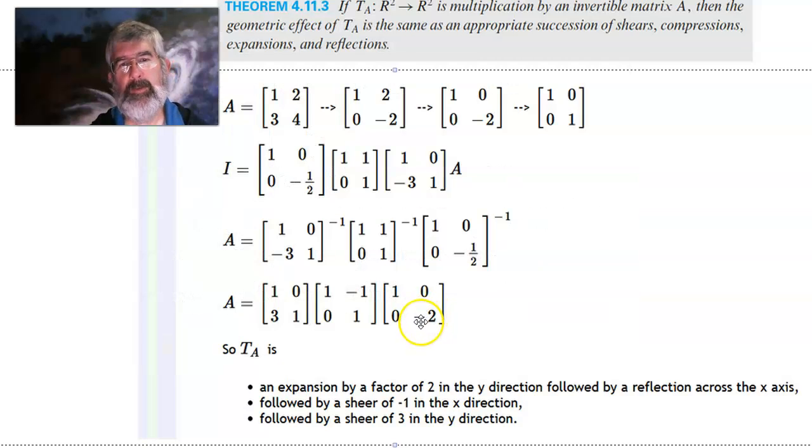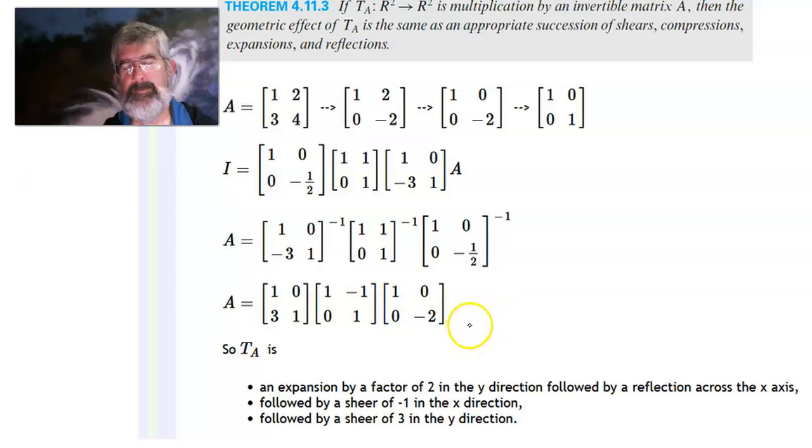Or you could think of it as an expansion by a factor of negative 2 in the y direction. Then comes this, which is a shear in the x direction by a factor of minus 1, and then follow that by a shear in the y direction by a factor of 3. And that supposedly is the geometry of what's happening here.